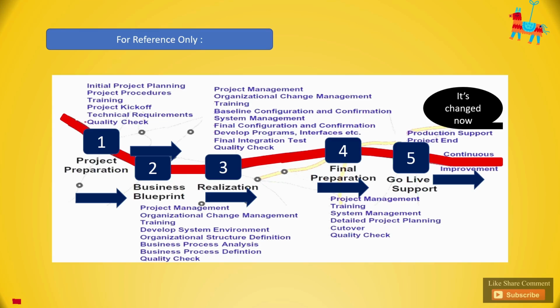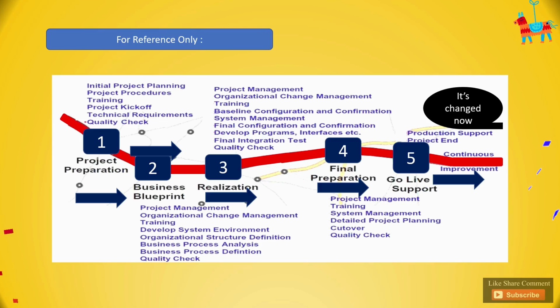If I see phase 2, the business blueprint, project management comes into the picture, because there will be one PM who is going to lead that particular team in order to deliver the SAP solution to the business users. Then organizational change management, again part of training, developing system requirements or environment, then business process analysis, process definitions, and quality check.